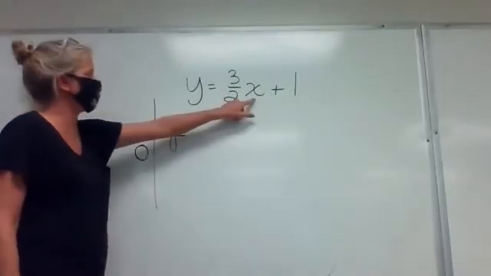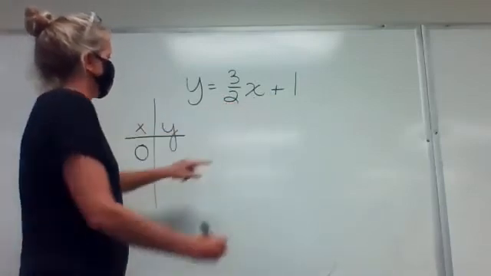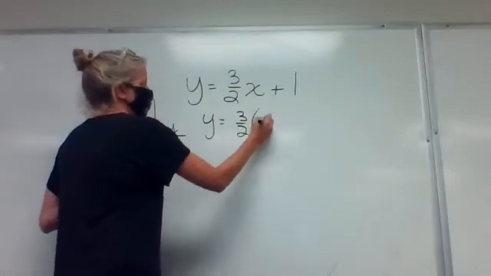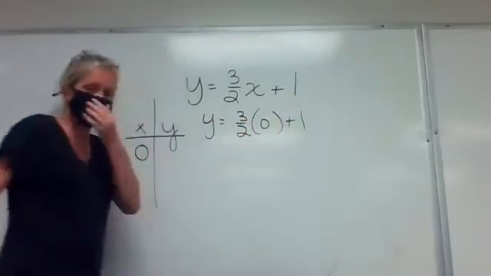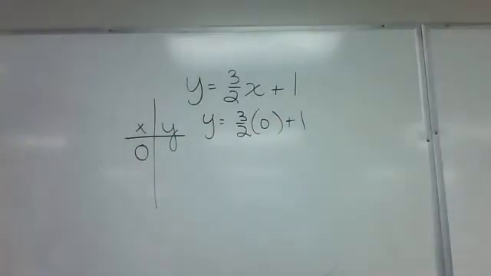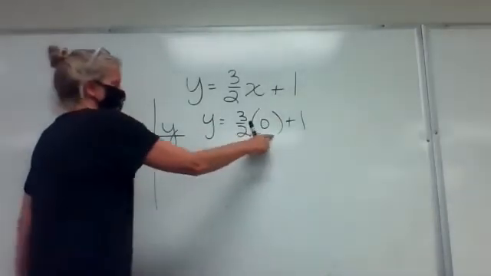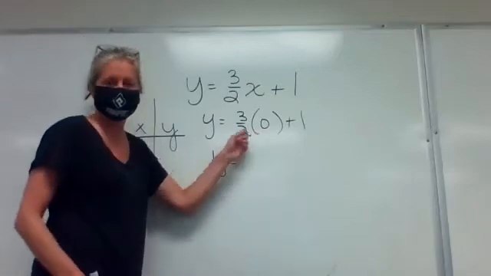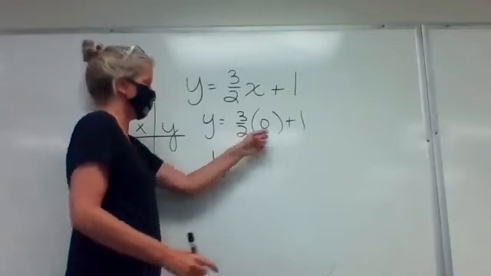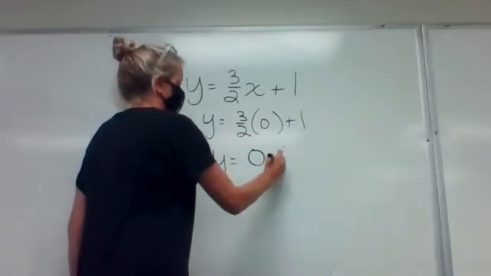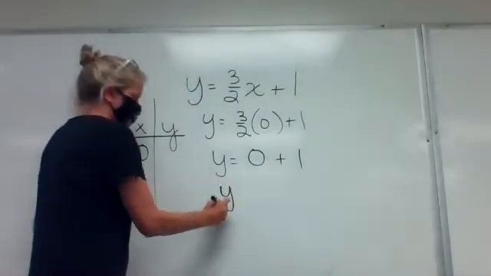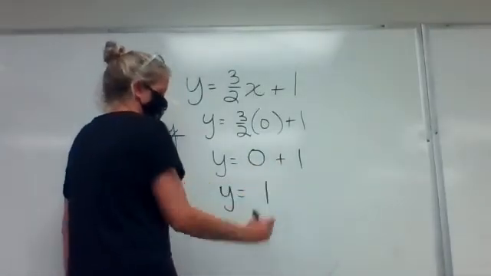So if I replace the X in this equation with a 0, I have Y equals 3/2 times 0 plus 1. 3/2 times 0 is 0. That's why I like to plug in 0, right? Because it makes that math easier, because anything times 0 is just 0. Bring down the plus 1. So Y equals 0 plus 1, which is 1.